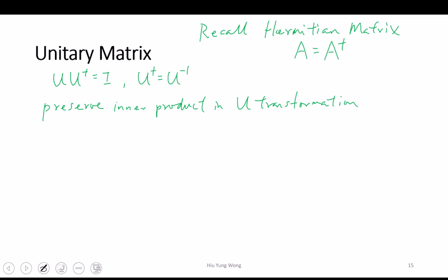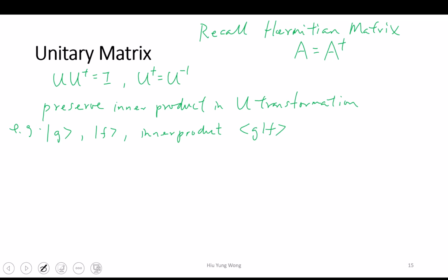Let's think about this. I have two vectors, G and F. Their inner product is what? Well, you can say it is GF. Fine, this is the inner product.